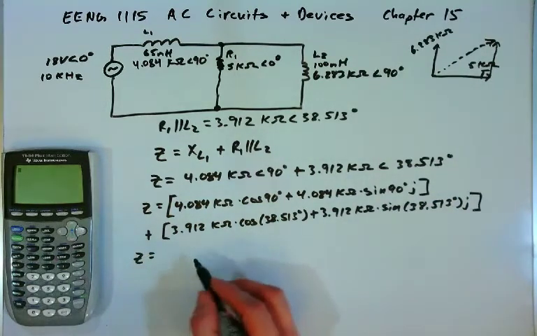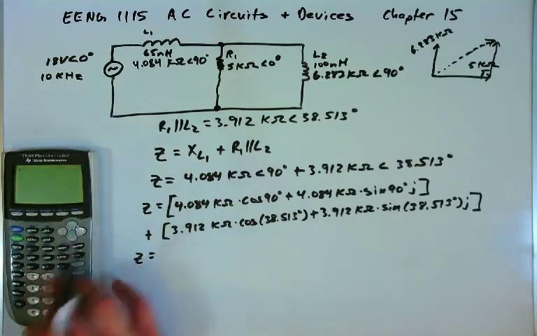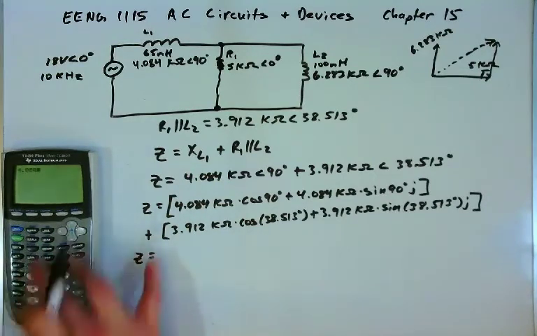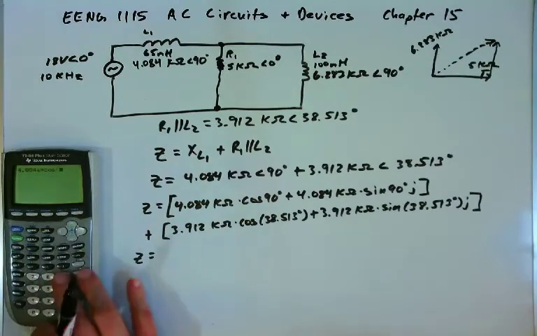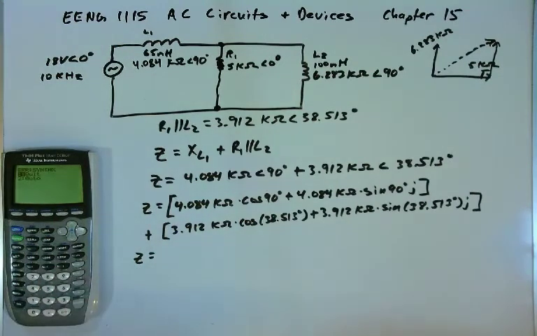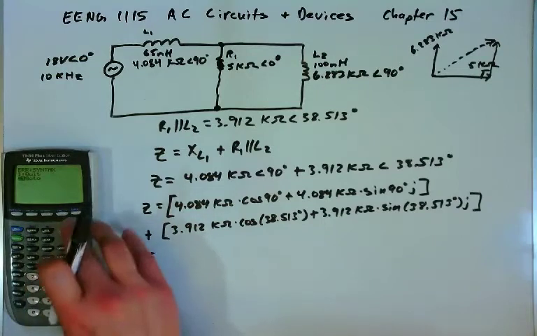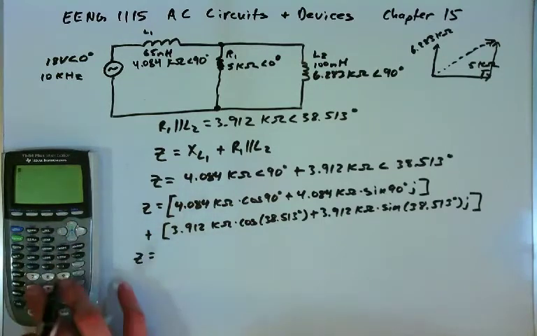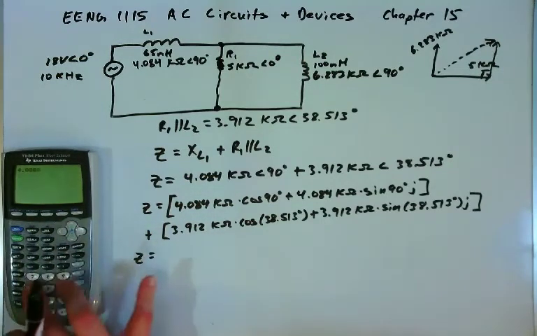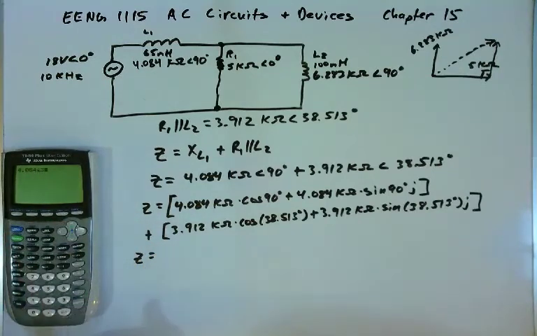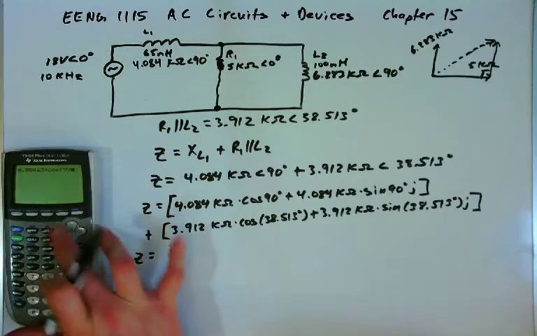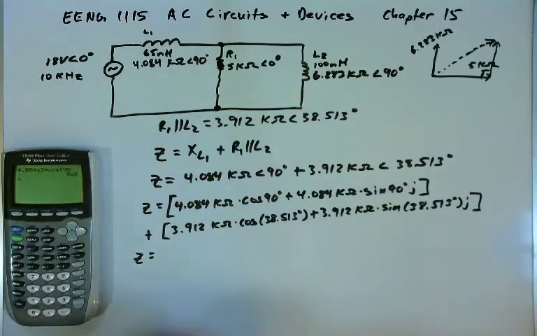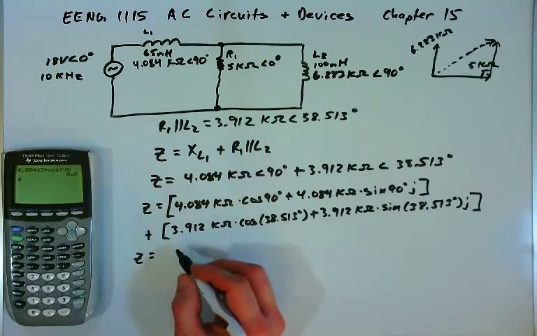And so the total impedance will be 4.084 kilo times the cosine of 90 degrees, which is 0, right?